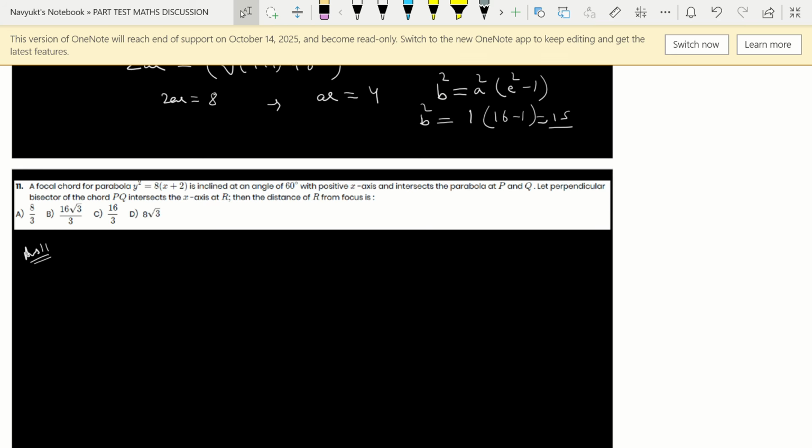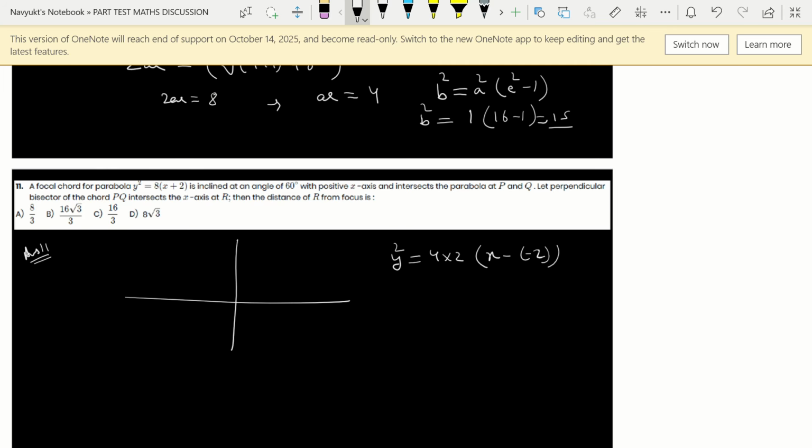Right? So we'll draw a parabola. Which parabola is this? First of all, y square equals 4 into 2 into x minus of minus 2. Why have I written it in this form?